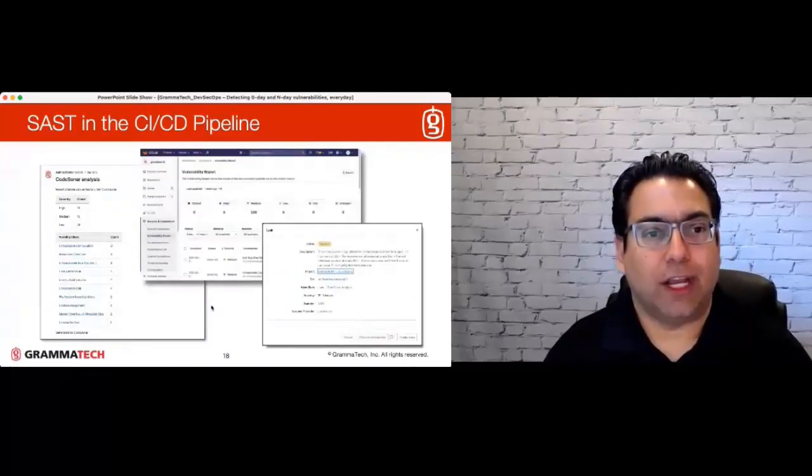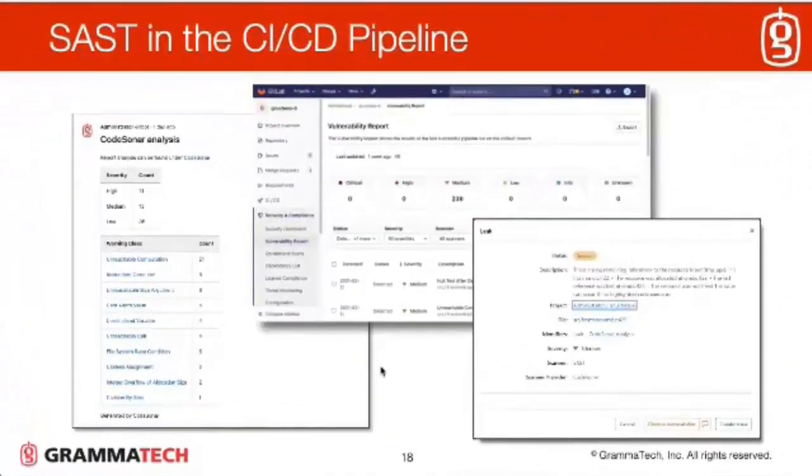If we take a look here, these are screenshots from the GitLab integration. On the left, CodeSonar provides a summary of what kind of warning classes have been detected. Each of these classes corresponds to security vulnerabilities, along with a summary of the high, medium, and low vulnerabilities in the top left.